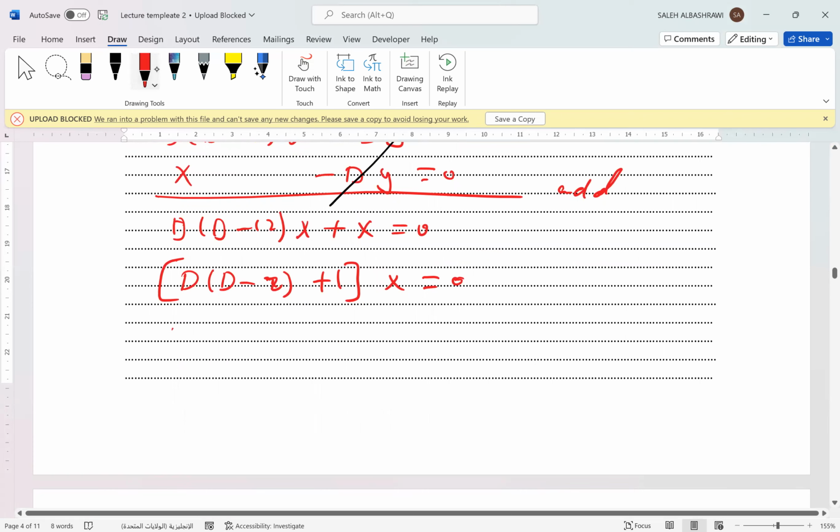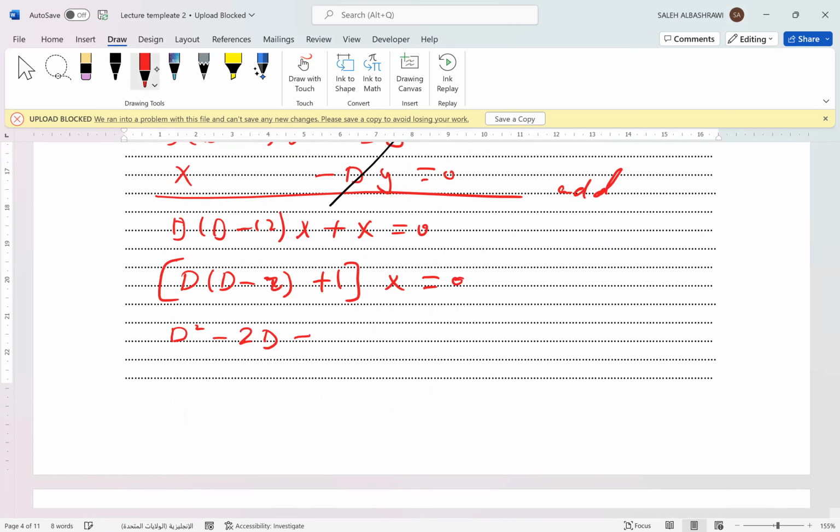So this is D squared minus 2D plus 1 equal to 0. By factoring, I will have (D minus 1) squared equal to 0. I will have D equal to 1, but it is repeated, so it has multiplicity 2.